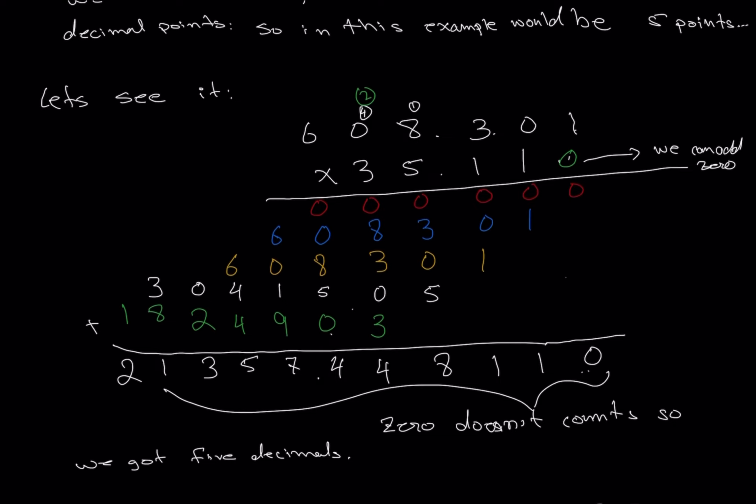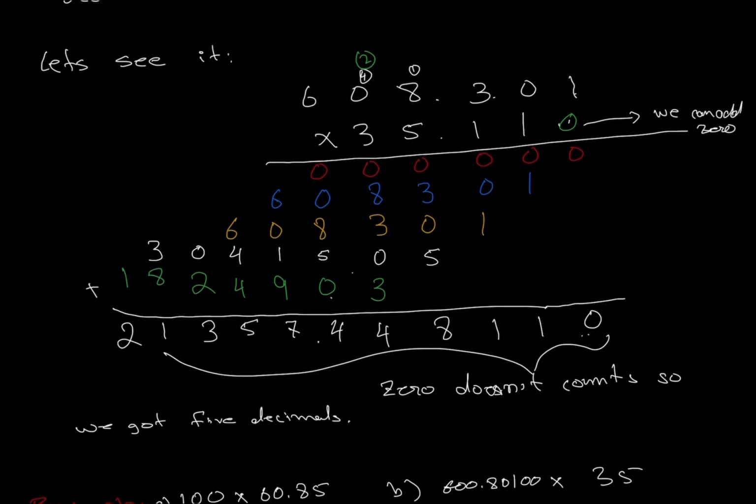Whatever doesn't have anything to add, you just bring it down. 1 plus 0 is 1. 0 plus 0 plus 1 is 1, and you add them in rows like that, in a vertical way, and that will be your final product.